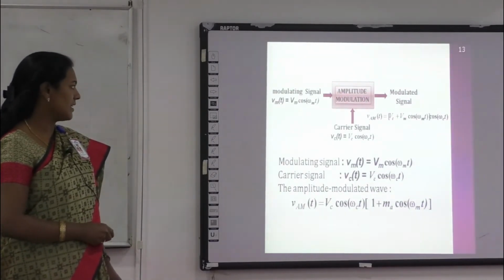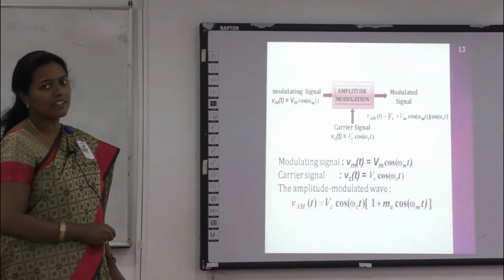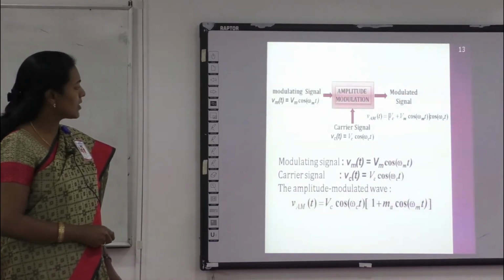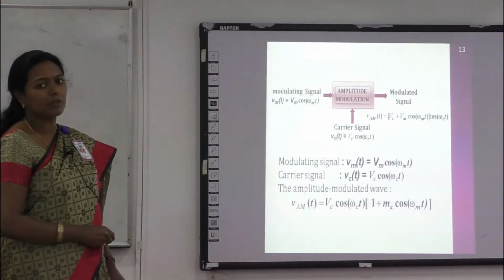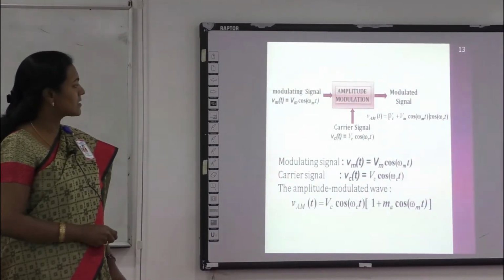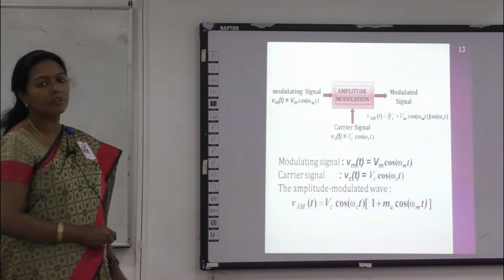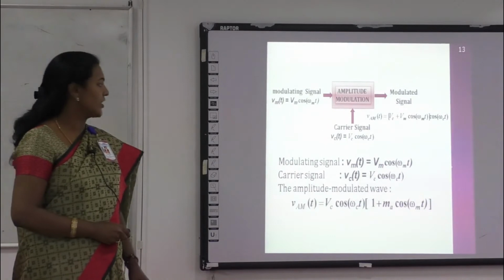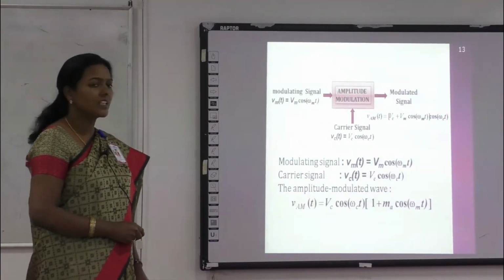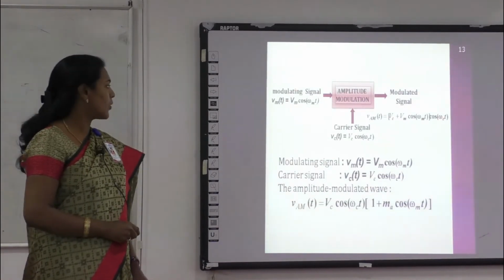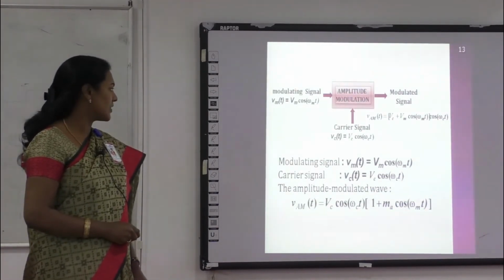In the case of the carrier signal, the instantaneous voltage is equal to the peak voltage of the carrier signal times cos omega c t. Omega c is the angular frequency of the carrier, and omega m is the angular frequency of the modulating signal. For the linear frequency, omega m is equal to 2 pi fm. Similarly, omega c is equal to 2 pi fc. fm and fc are the linear frequencies of the modulating signal and the carrier.